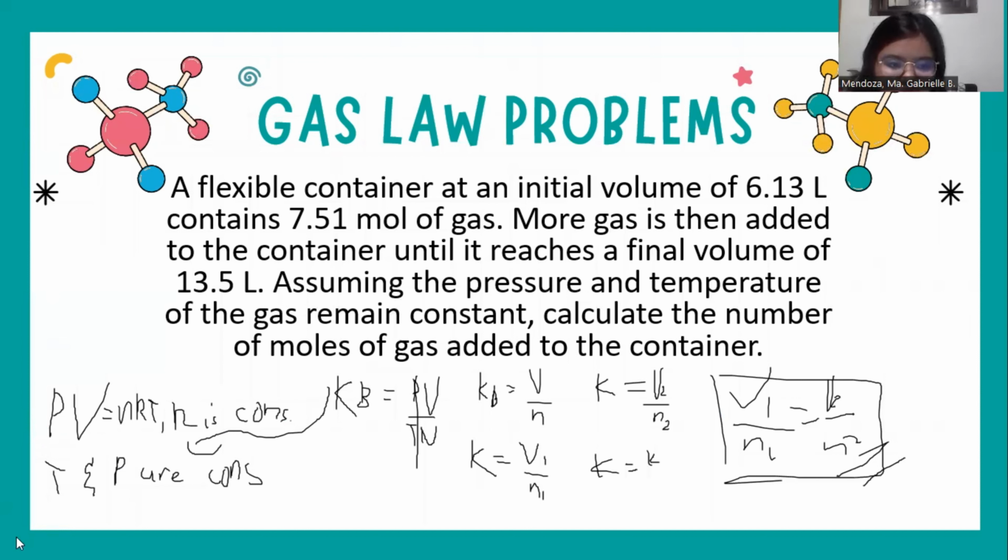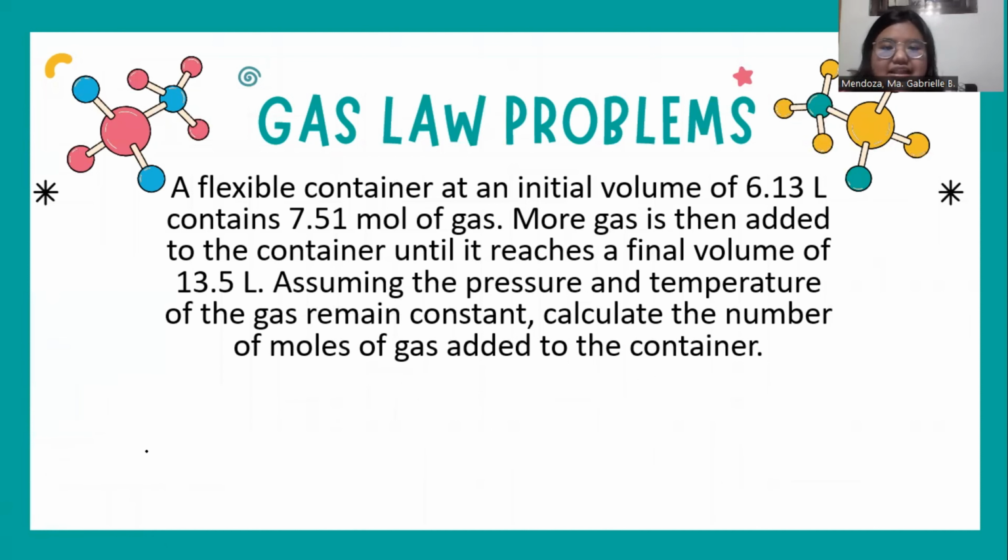So, let's solve, no? So, first, let's identify the given. So, ano ba yung given? So, ang given natin is yung V1, which is equivalent to 6.13 liters. Ang N1, equivalent sa 7.51 moles.